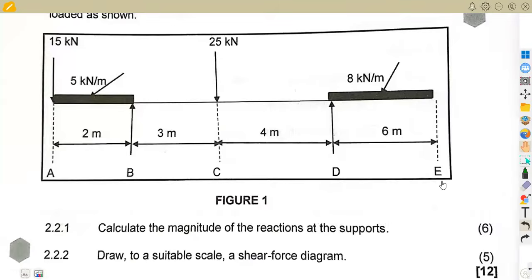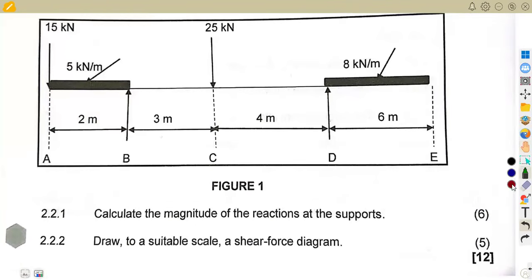So remember that we obtained the value of B, it was 24.429 kilonewton. Then D, remember our D, we calculated this, we got 73.571 kilonewton. All right, so this is what we had.